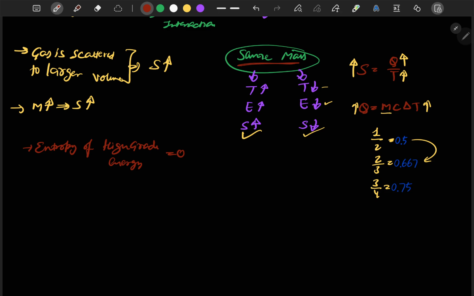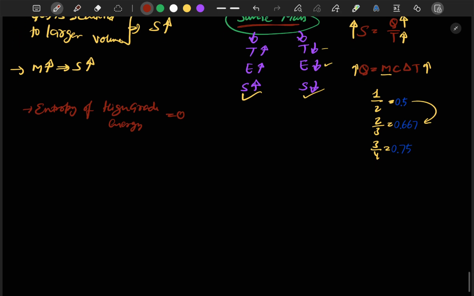Like kinetic energy, potential energy, energy given to the system, like in the form of work given to the system, or work received from the system. These are all directional energy, also called high grade energy. The entropy associated with this high grade energy will be equal to 0, because there will be no randomness in the system due to the presence of high grade energy.